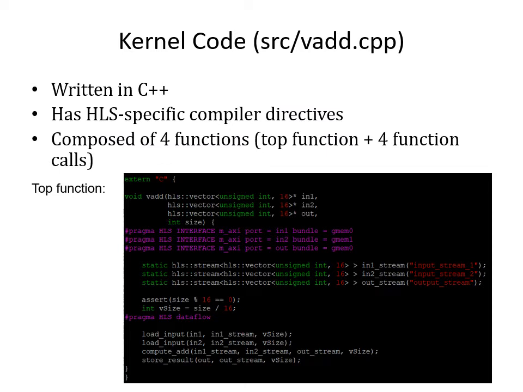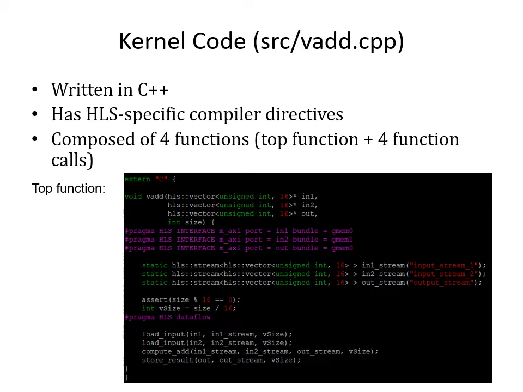The kernel code is the one that is executed on FPGA. It is written in C, but note that Xilinx also provides an HLS version which accepts the kernel written in OpenCL. So if you're familiar with OpenCL, you're welcome to use that flow as well.